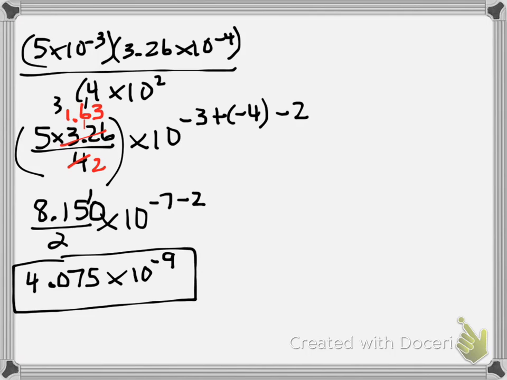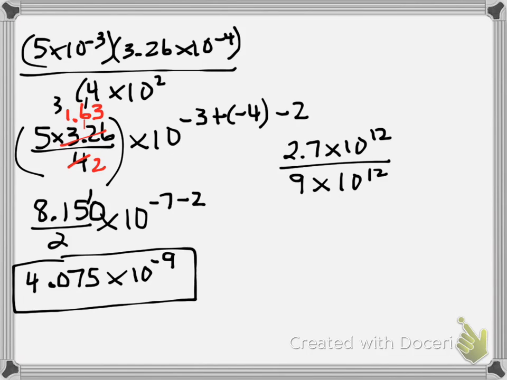Let's do one where we would have to make an adjustment, just so that we all understand how to do that. Let's do just a simple problem. 2.7 times 10 to the 12th divided by 9 times 10 to the 12th. Okay?